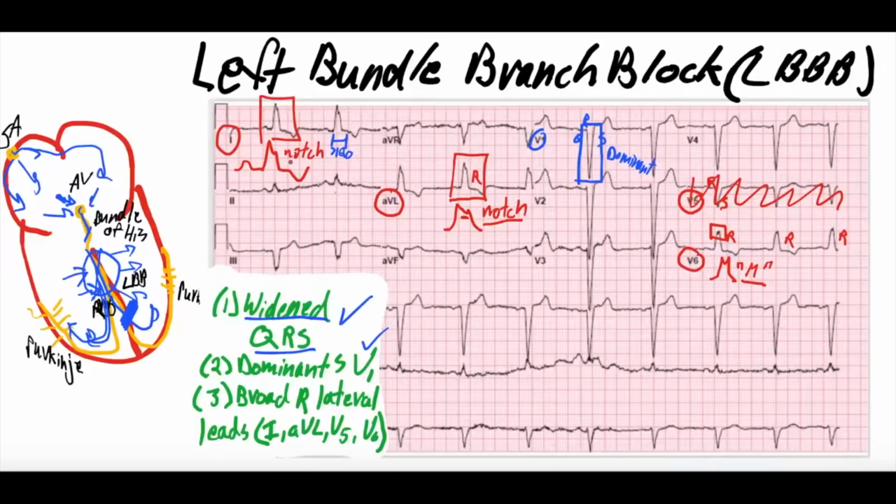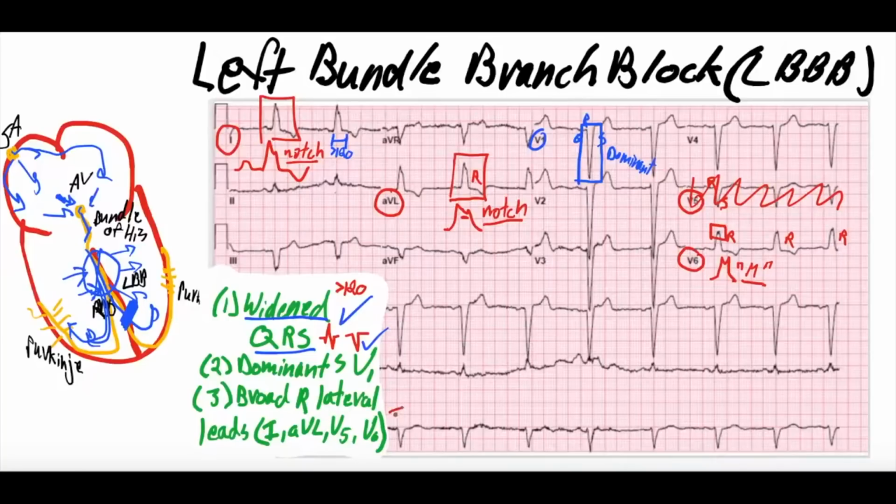So in left bundle branch block, we have a widened QRS, greater than 120, which we see throughout all the leads. Oftentimes we have this dominant S wave in V1, and remember we have Q, R goes up, and then S goes down. So in V1 you tend to see just this huge dominant S wave, as we saw in our V1, which is in blue. And then for number 3, we have these broad R waves in the lateral leads.